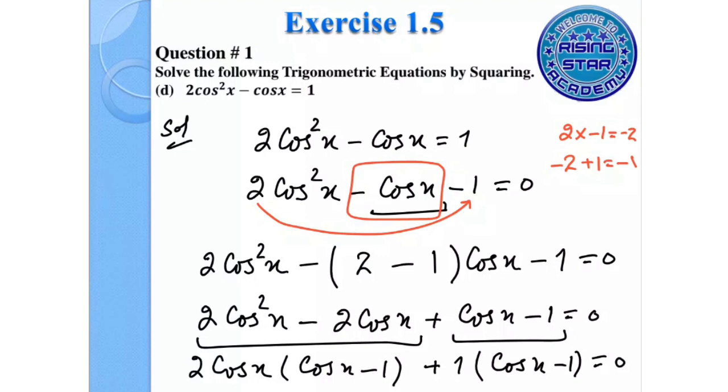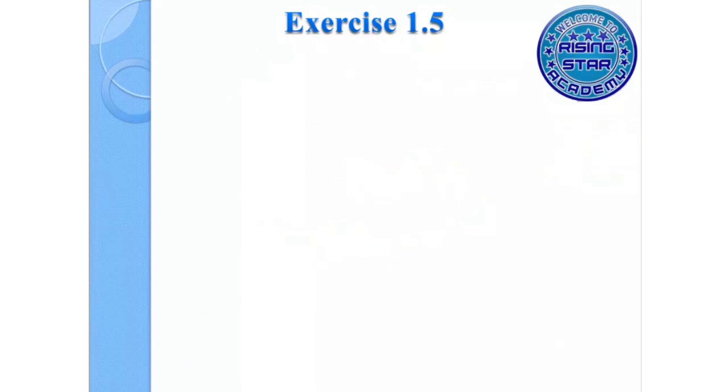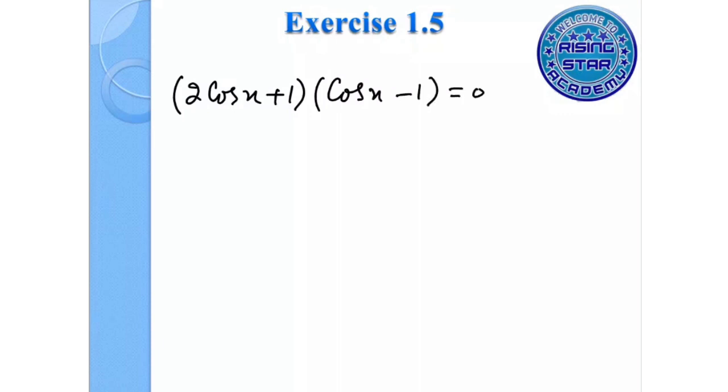So these are the factors: 2cos x plus 1 times cos x minus 1 is equal to 0. That is our common factor and that is our non-common factor.